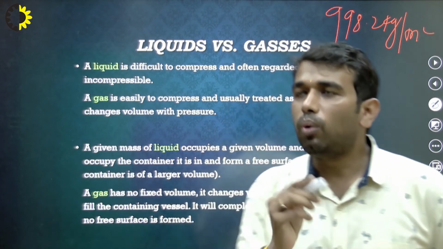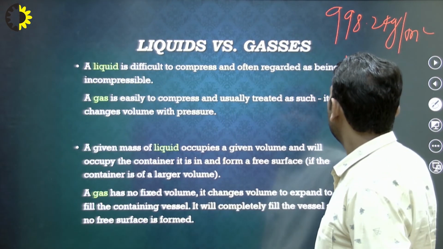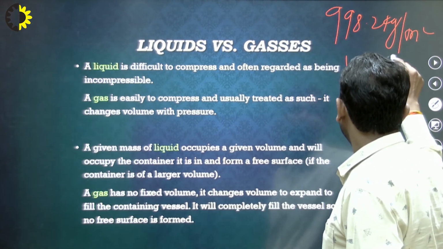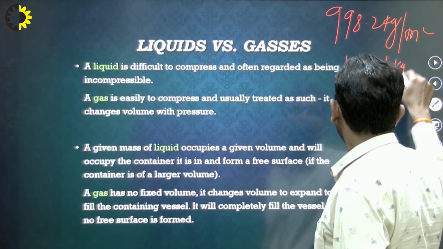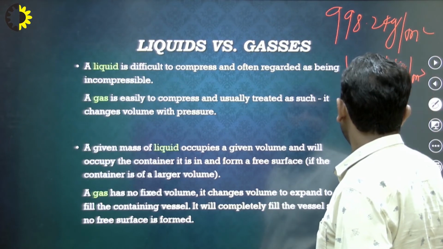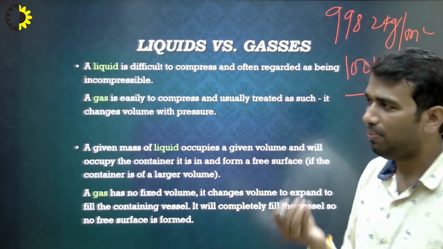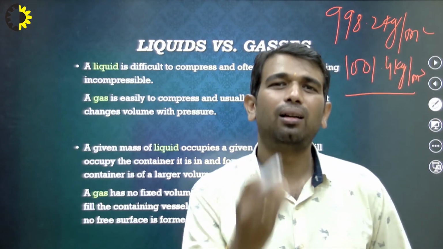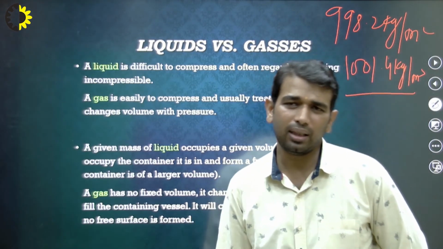If you want to change this density to 1001.4 kg per meter cube, this much change is only a few units, less than a percent.